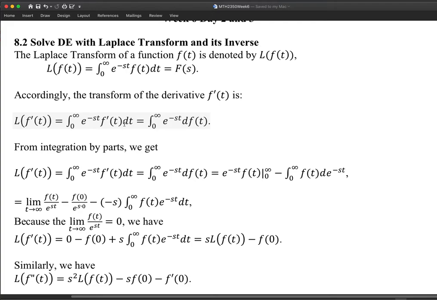And also I'm thinking of using integration by parts. So you take a look if this writing makes sense to you. f prime of t dt simply can be written as df of t. The differential of the function is the derivative times dt. So they are the same.